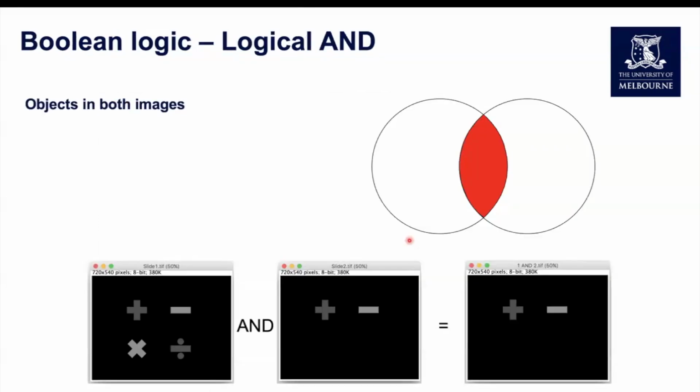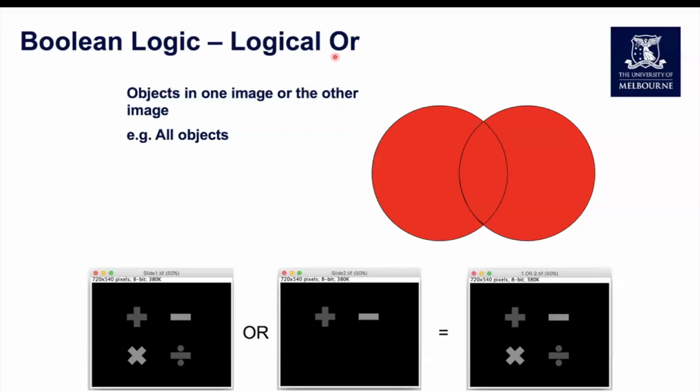Next thing we'll move to, and we'll use the same examples, is the Boolean logic. So in this case, we've got the logical AND function. What we're looking for is objects which are found in both images. So if we take image 1 and image 2, then only the plus and minus symbols are in both of the images. So we only maintain those.